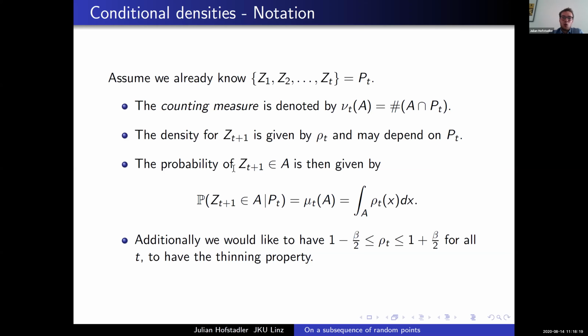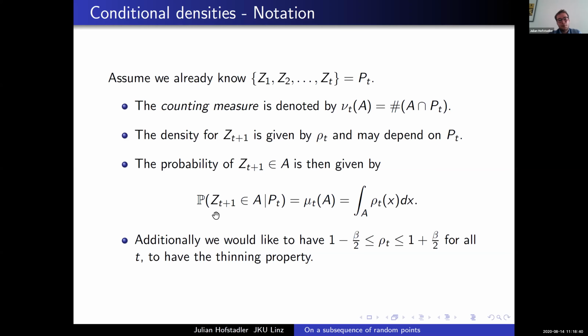So what do we do with this set pt? We try to create the density rho t for the t plus first point, and it may or even it should depend on this set. And I will use the following notation.